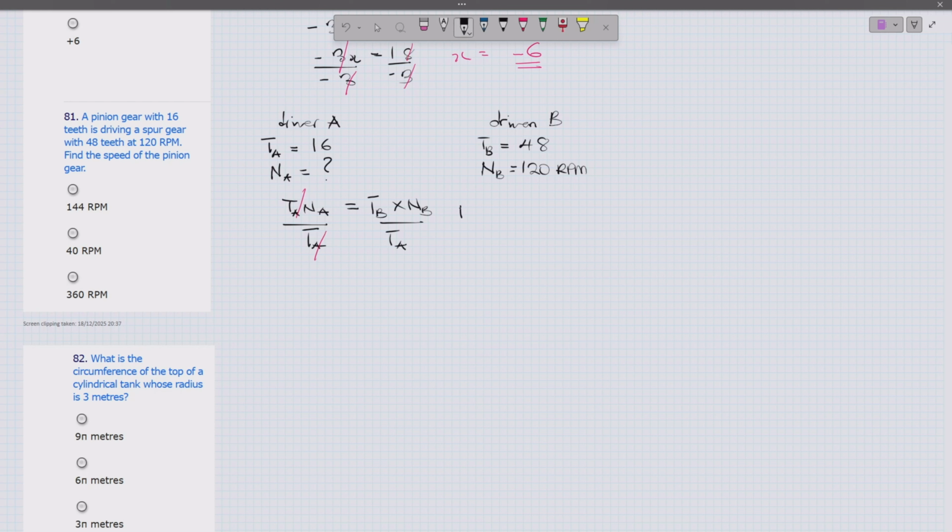So therefore you have NA equals TB times NB all over TA. That will give you 120 times 48 divided by 16. 16 goes into 48 3 times. Therefore 120 times 3 gives you 360 RPM.